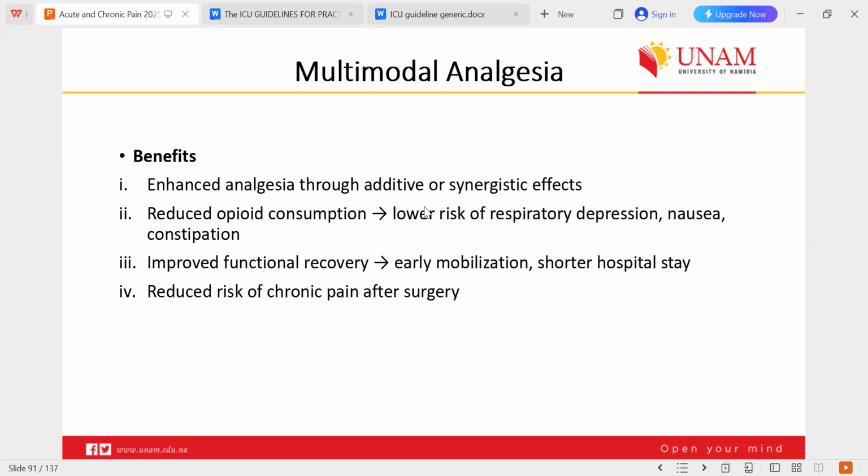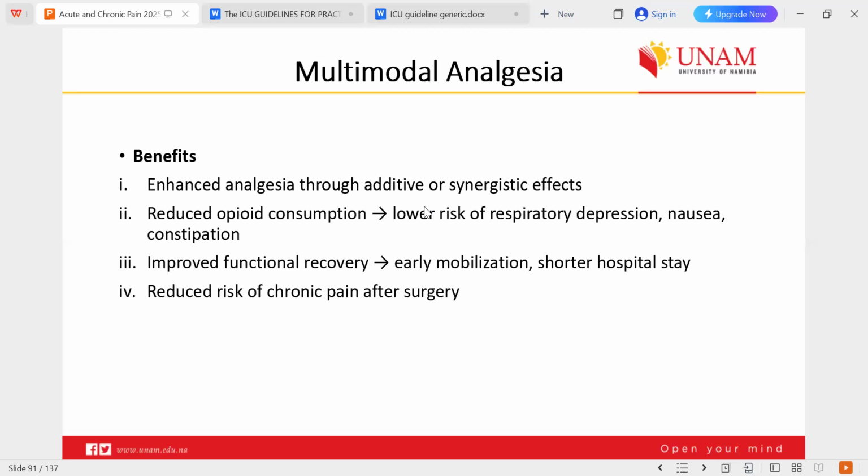So what are the benefits of multimodal analgesia? It leads to enhanced pain relief through additive or synergistic effects of the different agents that are employed. Then we have another one which is important, reduced opioid consumption.